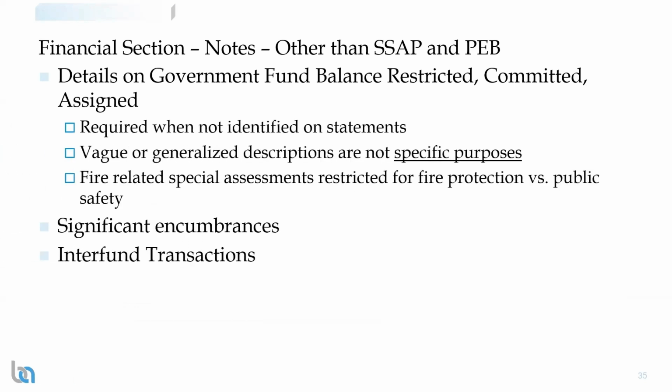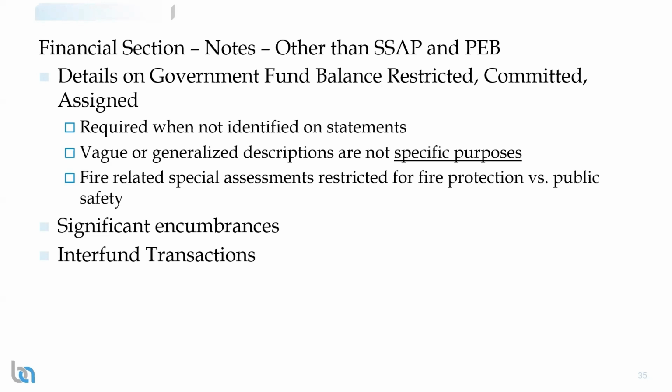All right, just more fund balance information here. This is required when you don't present this information on the face of the financial statements. So if you just have general line items for non-spendable, restricted, committed, assigned, and there's no detail as to what is in those numbers, then you need to have a table that really breaks down this information.